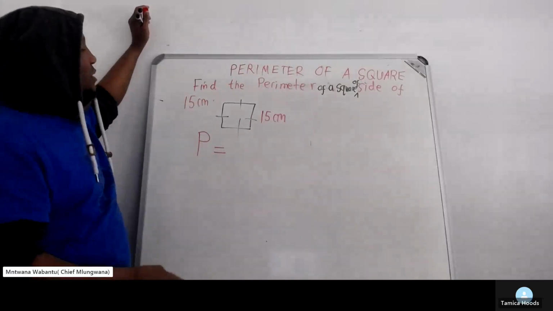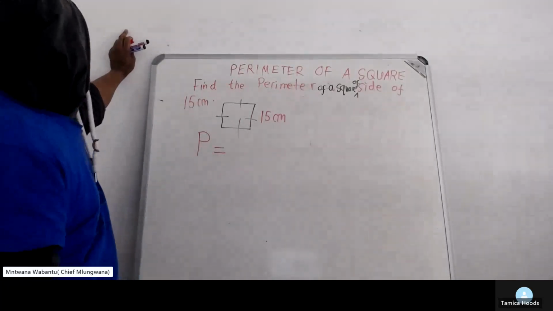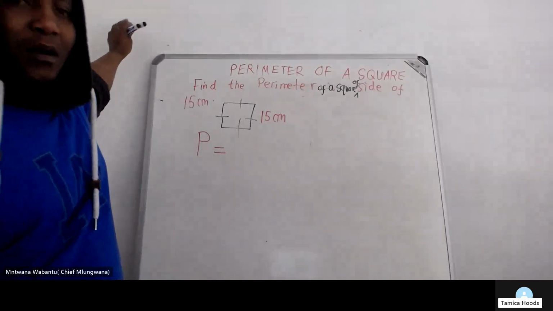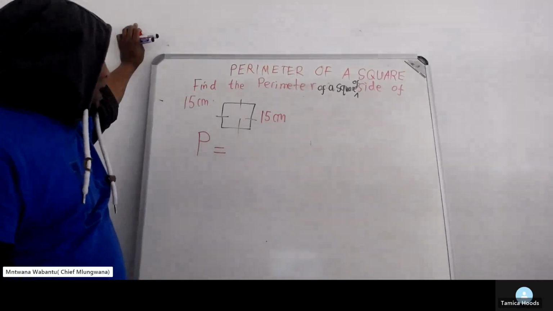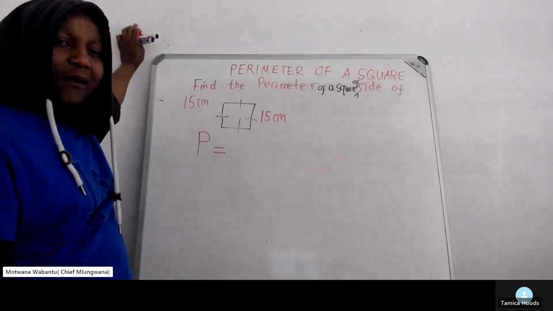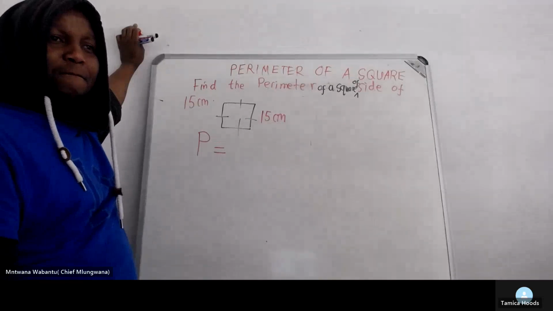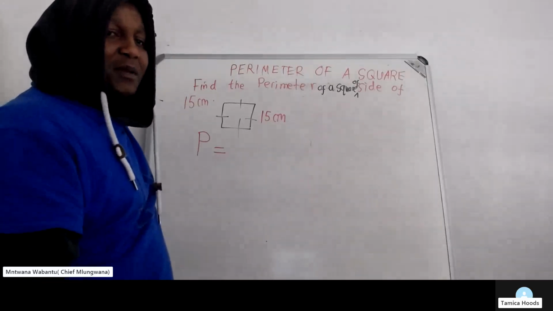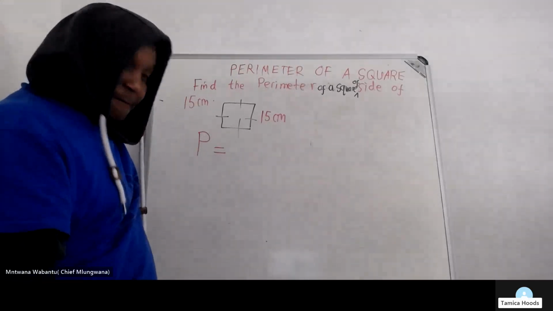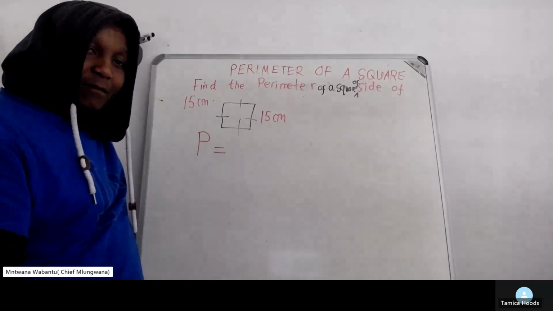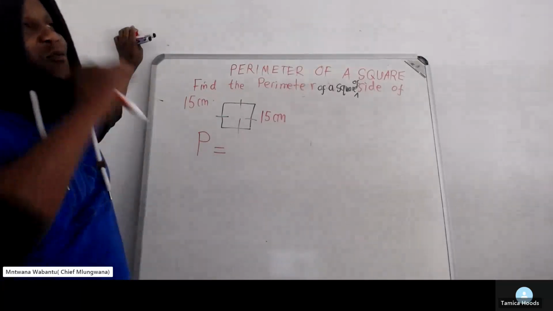Formula first. Perimeter equal to? What is the formula? Can you please remind me? Let's try first. What is the perimeter formula?